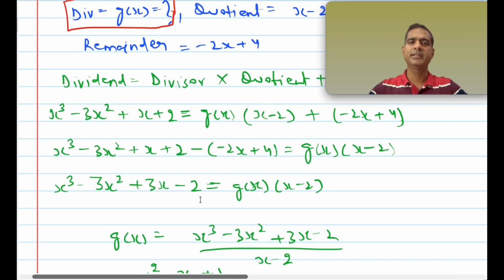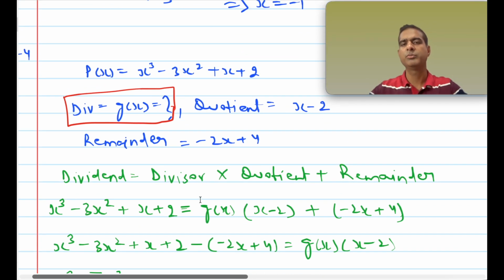So in this way, in this question, students, a polynomial was given and its divisor was g of x, the quotient x minus 2 and remainder minus 2x plus 4 were given, and it was asked to find the value of g of x.